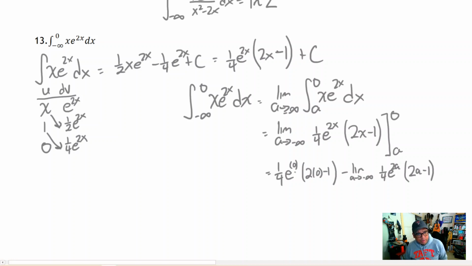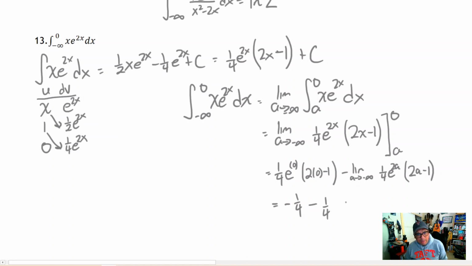E to the 0, of course, is just 1. 2 times 0 minus 1 is negative 1. So that first term is negative 1. And now for the limit as a approaches negative infinity, 1/4 e to the 2a, well, the 1/4 is constant, so we'll just write that there.